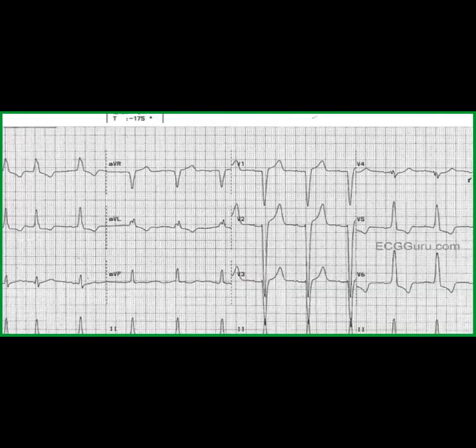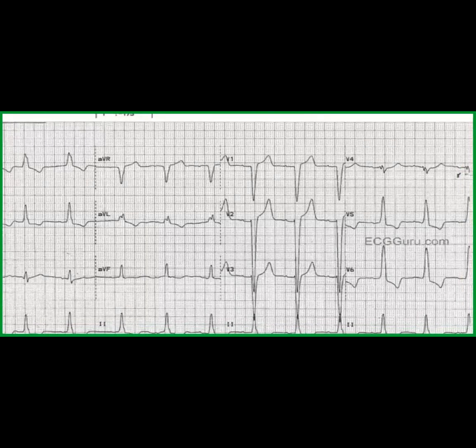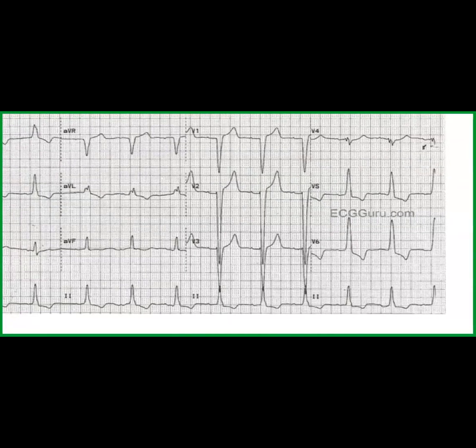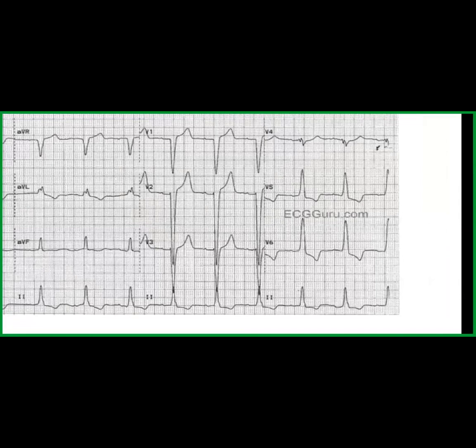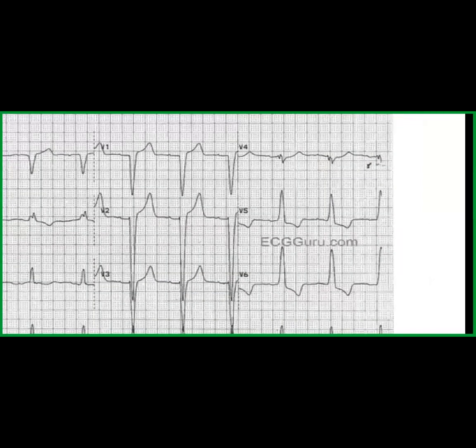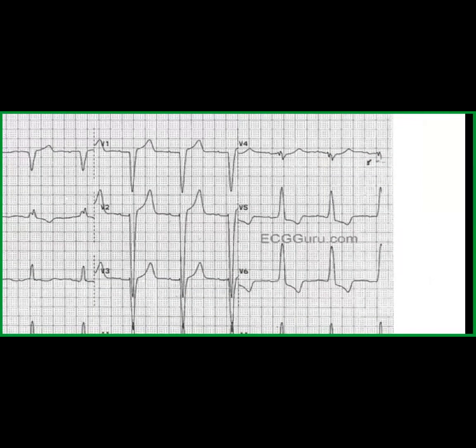Another classic representation of a left bundle branch block when we come to ECGs. Our dominant S wave in V1 is seen here. We cannot quite make out our monophasic or M-shaped R wave, but we can see that the QRS complex here is definitely wider than it is in a normal ECG.